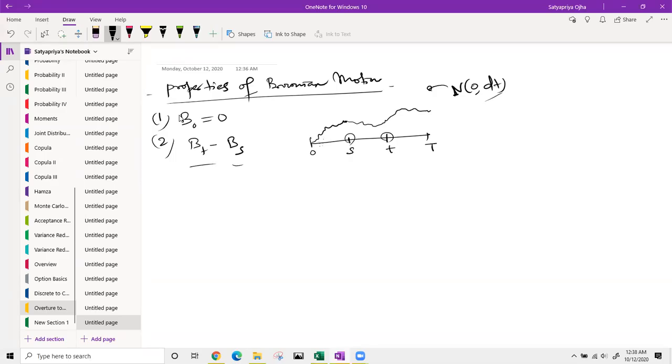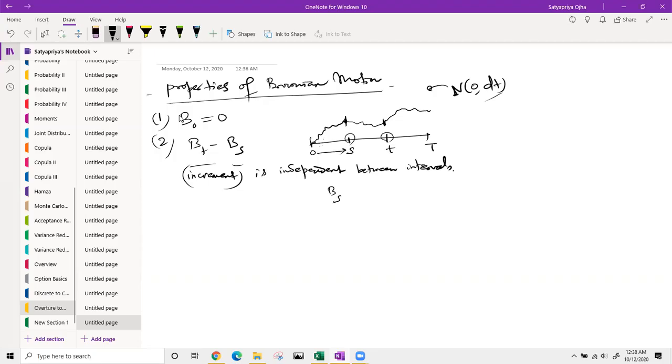So Bt minus Bs is what? Brownian motion here minus Brownian motion here. That's called the increment. This increment is independent between intervals. Independent, which means what was the increment between 0 to s?